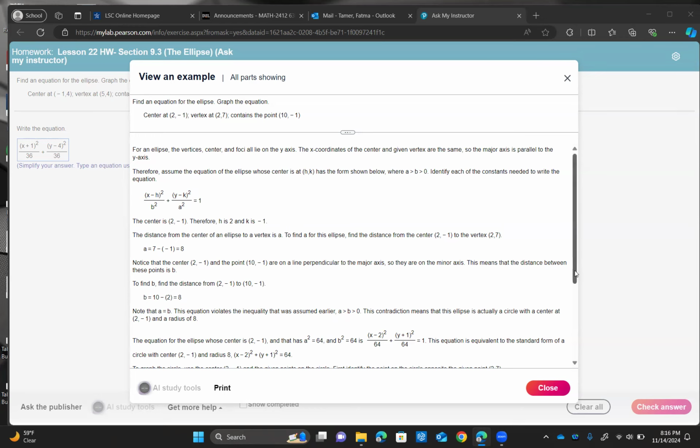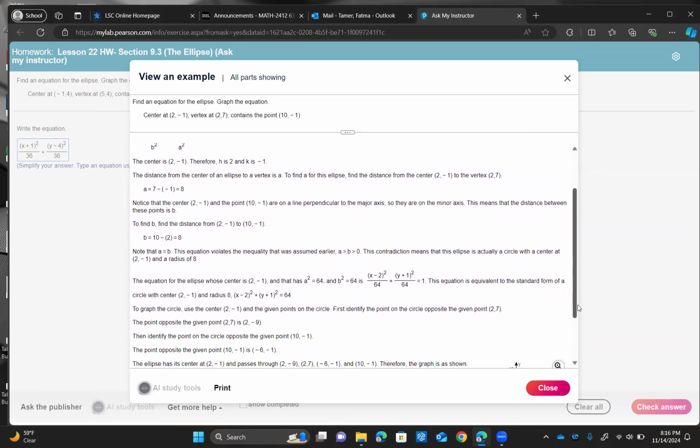This contradiction means that this ellipse is actually a circle with a center at (2, negative 1) and a radius of 8. So a squared is equal to 64 and b squared is equal to 64.